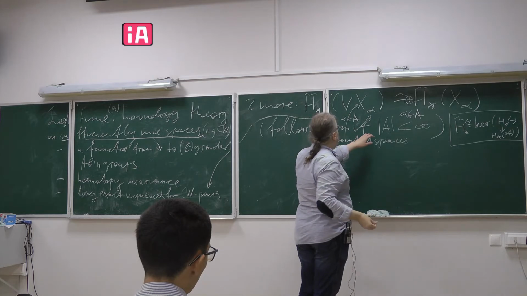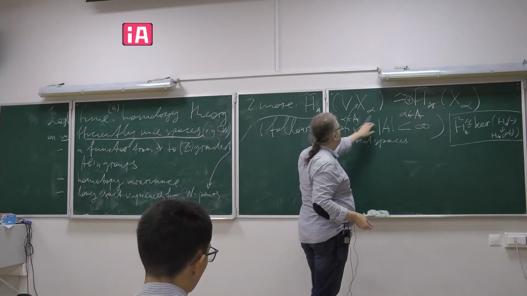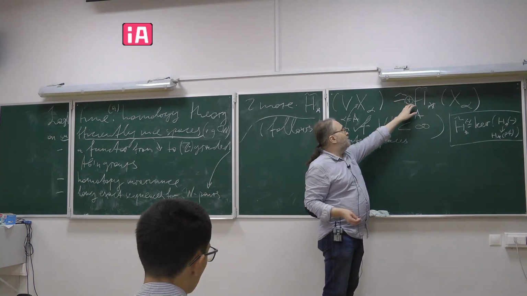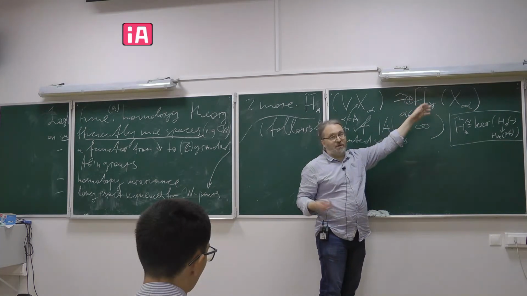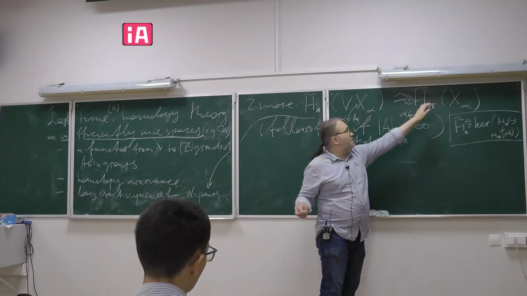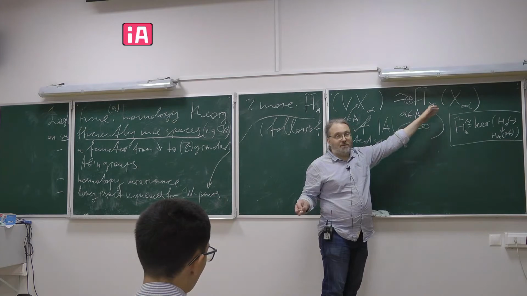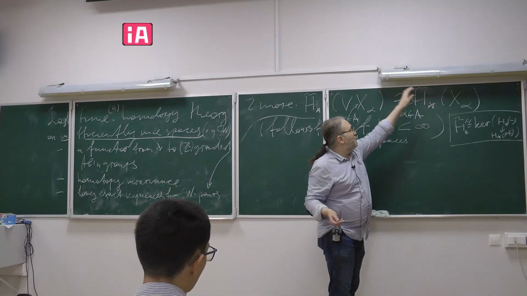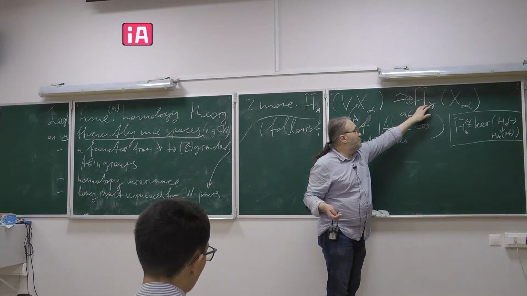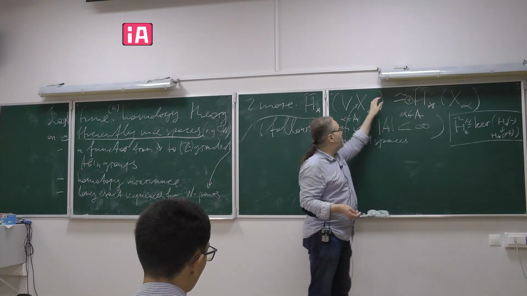Okay. What is the direct sum? The direct sum is the direct sum. But this is probably clear. Is there a map from the right-hand side to the left-hand side?